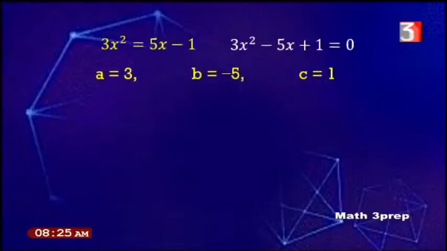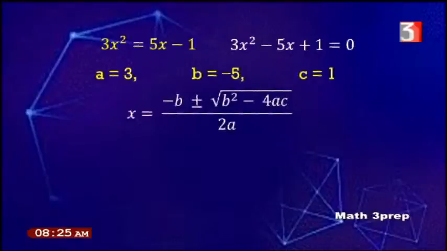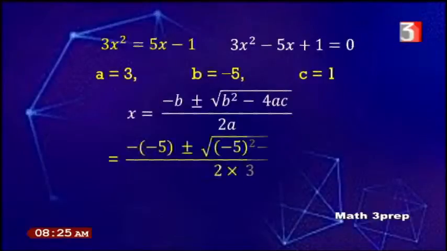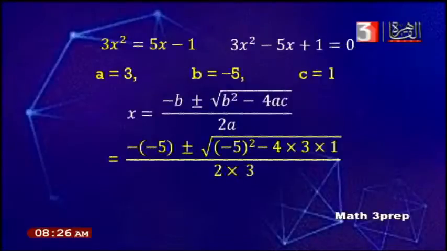Then, by using the formula, x equals negative b, positive or negative, square root b squared minus 4ac over 2a. By substituting to find the value of x, it is negative, instead of b, negative 5, positive or negative, square root, instead of b, write negative 5, all to the power of 2, minus 4 times, instead of a, write 3, instead of c, write 1.